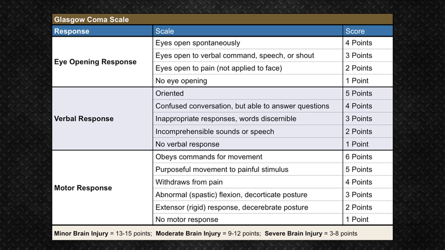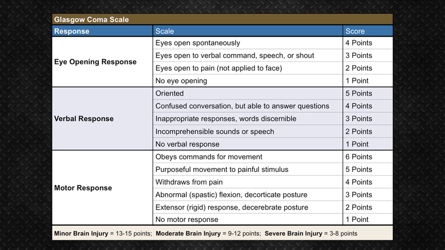If they're a bit confused, but they're able to answer questions, maybe they don't quite know where they are, maybe they're saying appropriate words, but not the right answer, like what year is it, and they say 1999. Well, that's an appropriate response, but they're obviously confused. That would be 4 points.